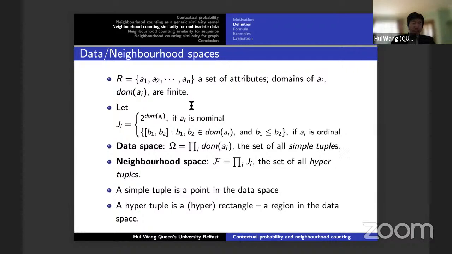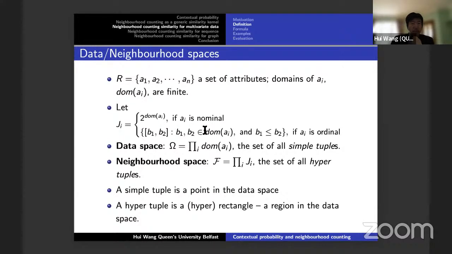Okay, so in multivariate data space, we begin with a set of variables or attributes, and each one has a domain like this. And we assume that the domain is finite for simplicity. And then we define the quantity like this. For each attribute, we define this. If the attribute is nominal, then we use the power set of the domain.